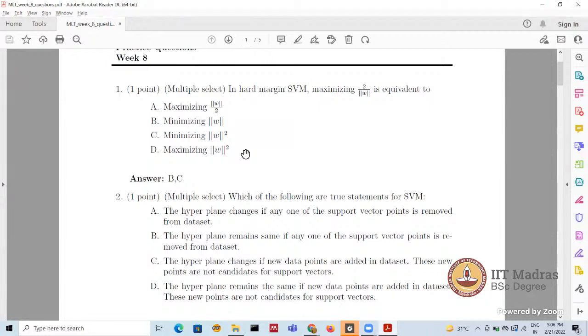C is not, because it is not part of the support vectors. And D is correct, I think.